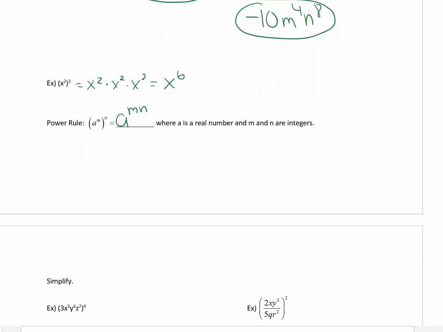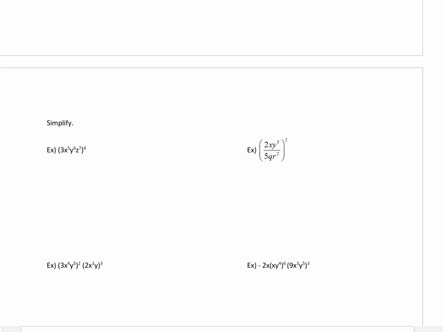Okay, so let's take a look at a couple of examples for this. First off, I'll take 3 to the 4th, because remember, this is 3 to the 1st. 1 times 4 is 4. So x to the 5th taken to the 4th power, that's x to the 5 times 4. This is y to the 6 taken to the 4th power, so I'll take y to the 6 times 4 power.